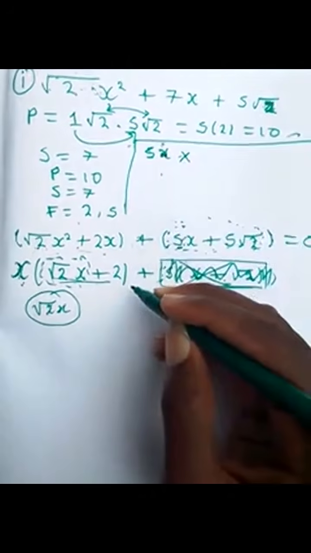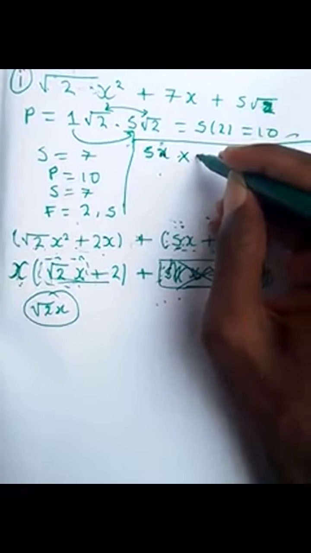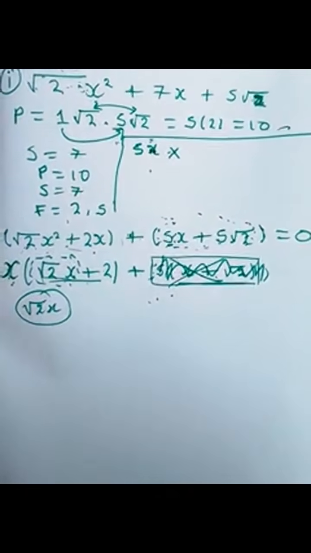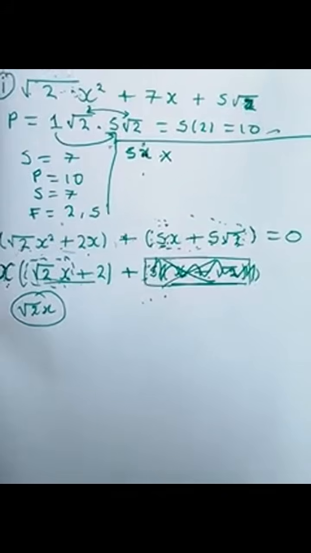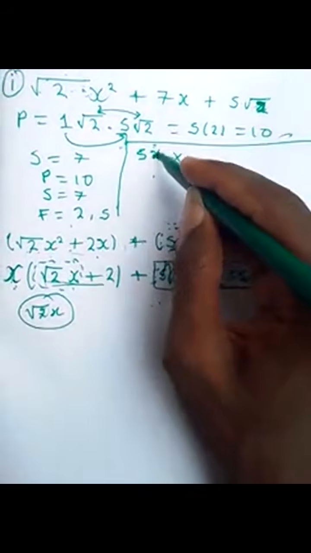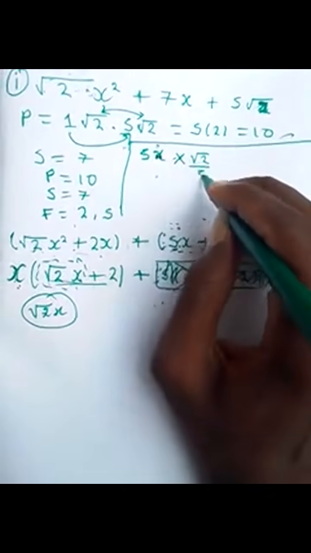What is that value? So first of all, when I multiply with 5x, it should cancel 5. And the only way it can cancel 5 is that it should be on the denominator. And it should give me square root of 2. And the only way I'm going to get square root of 2 is that square root of 2 should be on the numerator, 5 on the denominator.